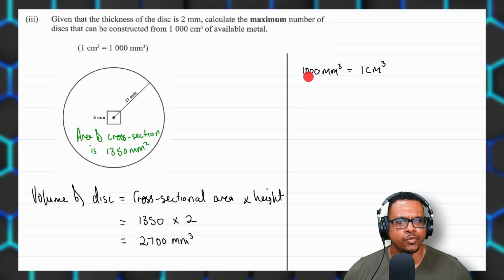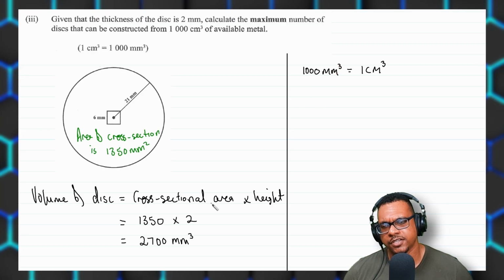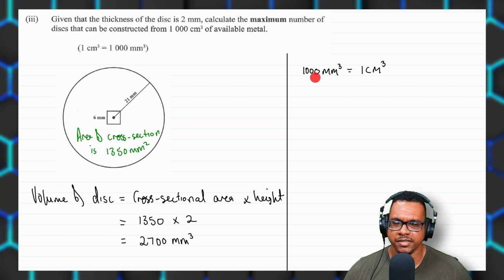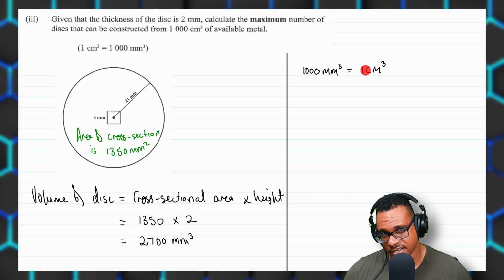Now, the reason we put this 1000 millimeters cube first is because we want to convert this 2700 millimeters cube to centimeters cube. So first, I'll have to find out how much is 1 millimeter cube in terms of centimeters cube. So in order to find out what's 1 millimeter cube, if I divide this left-hand side by 1000, I'll get 1. And whatever I do to one side of the equal sign, you must do to the other side of the equal sign.